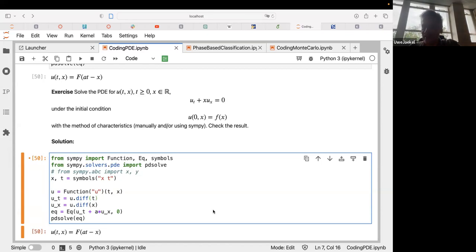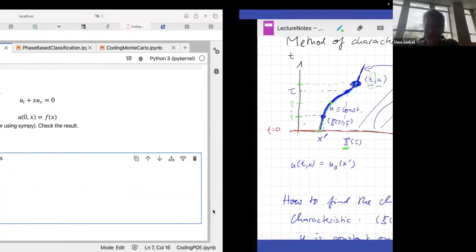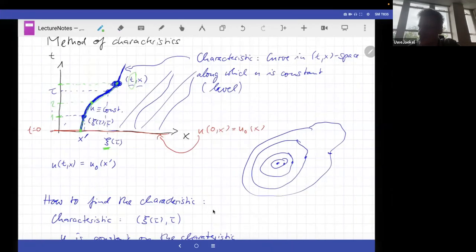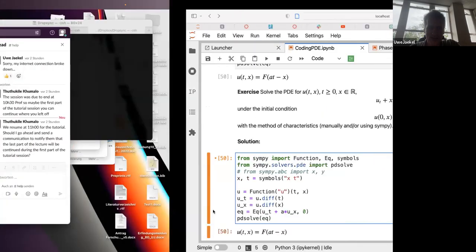Actually, in many textbooks it will also be called t, but I find this confusing, because t is the point where I want to know the solution. And x is the point where I want to know the solution. So I hope this was clear.